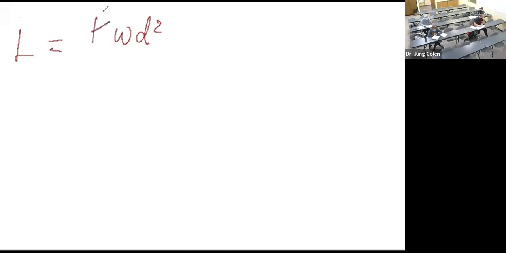So there should be a constant K. And this load is inversely related to the length L. So L can be expressed as KWD squared over L. You got that? Any question for this one? You good? All right.